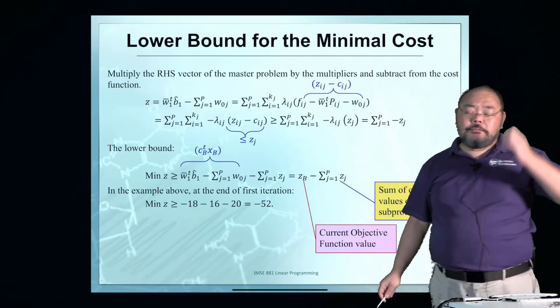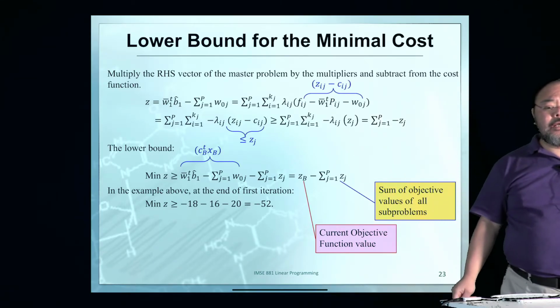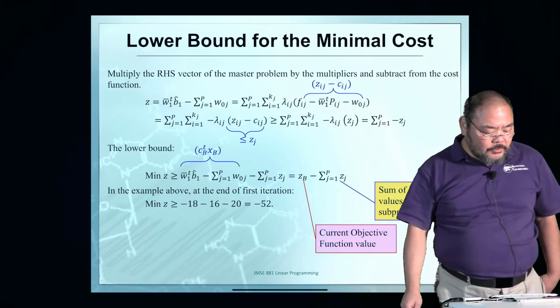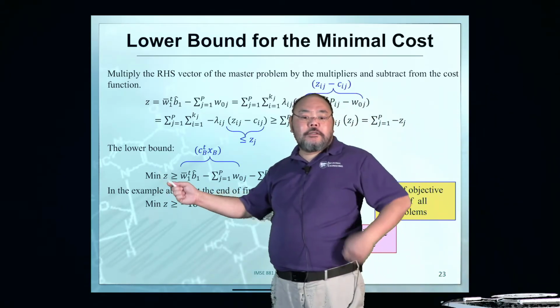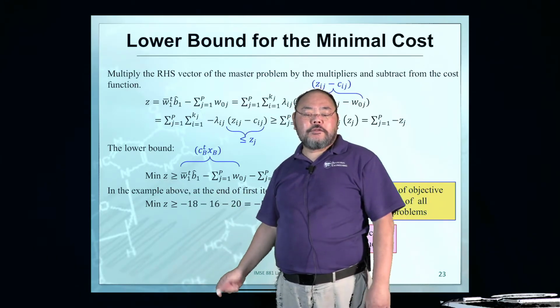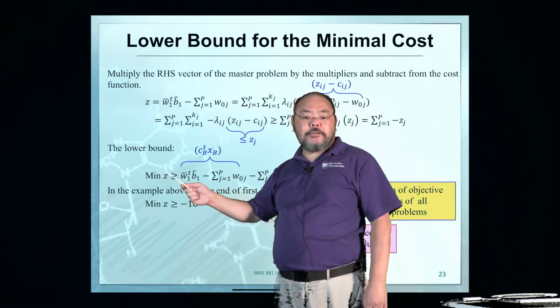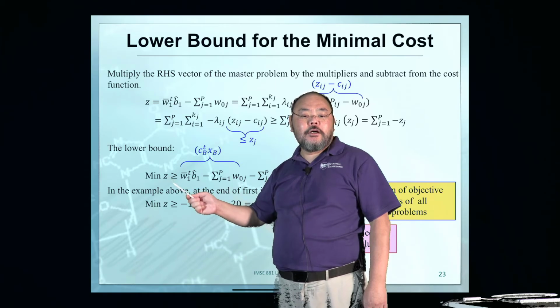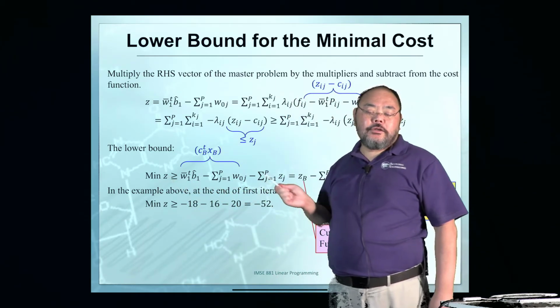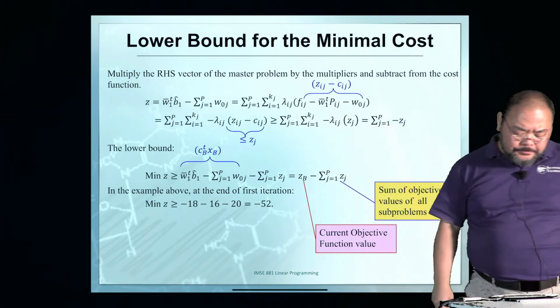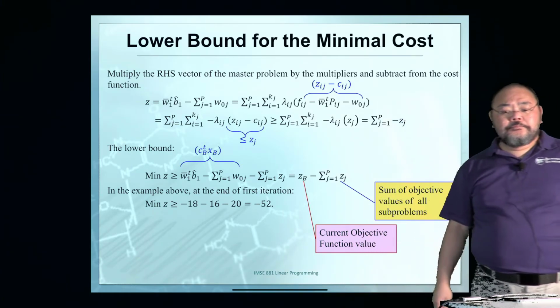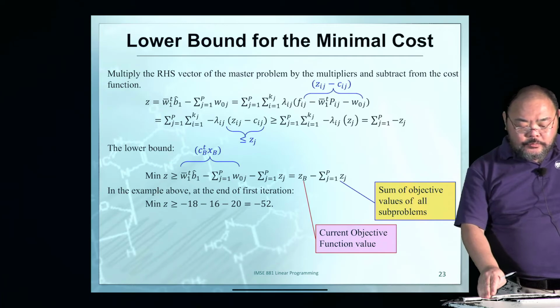So in this case, that's going to be my lower bound. So the minimization of z, which is the global optimization objective function value, will always be greater than the dual objective function value from the dual problem. And that's the solution we're going to have.